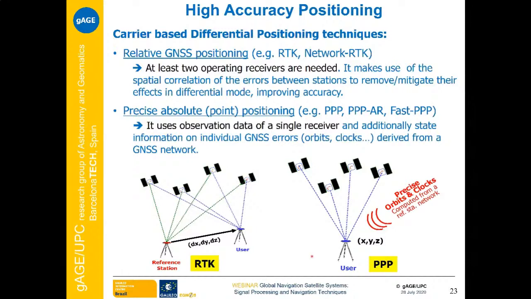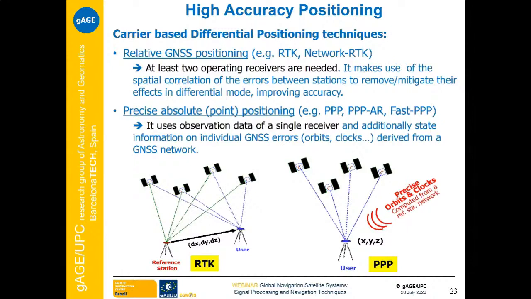In this case, what we estimate are the absolute coordinates of the user, and what we use are computed differential corrections from a reference station network, and these computed differential corrections are orbits and clocks. This means the differential corrections are split in these components of the error, orbit and clocks, and the idea is that we obtain the absolute coordinates of the user.